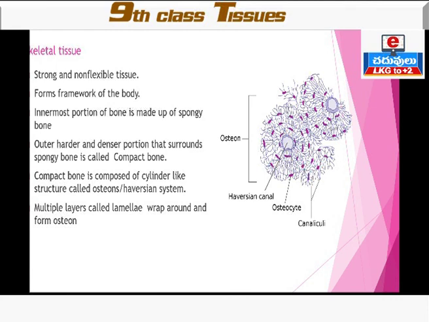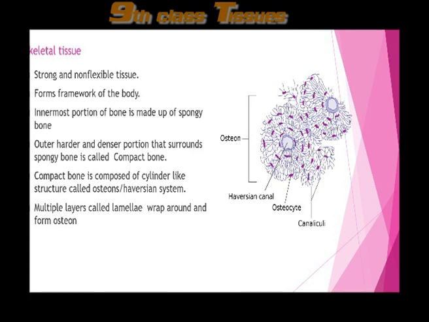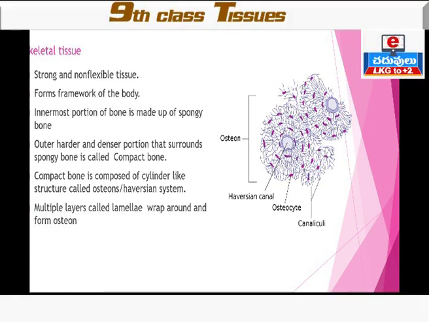Now let us discuss in more detail the structure of compact bone. Compact bone is composed of many cylinder-like structures called osteons. If you look at the slide, you can see the picture of an osteon. An osteon is a cylinder-like structure and you can see there are different layers that wrap around each other and form the osteon. These multiple layers that form the osteon are known as lamellae.